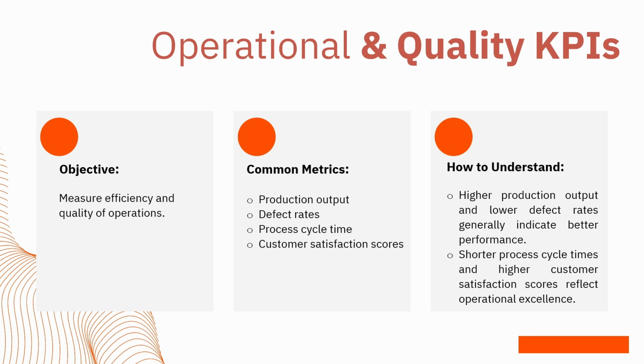Once we measure and evaluate these parameters, we can derive useful insights from them. For instance, higher production output and lower defect rates generally indicate better performance, while shorter process cycle times and higher customer satisfaction scores reflect operational excellence.